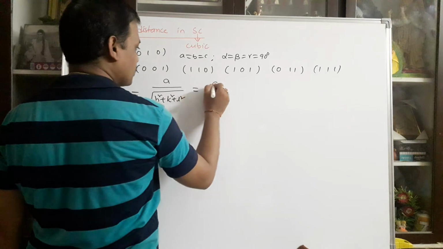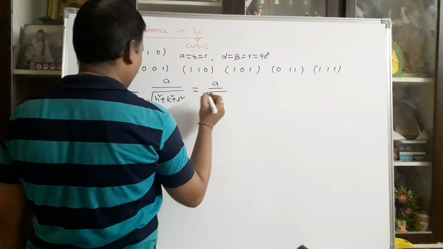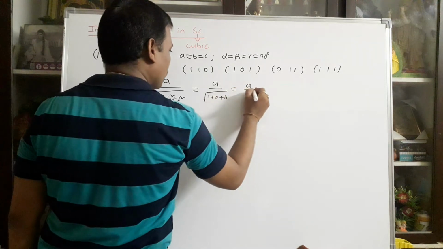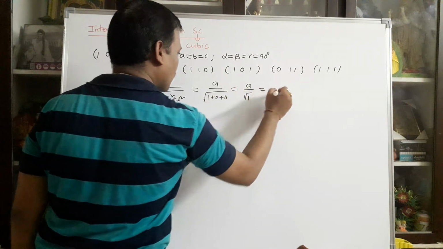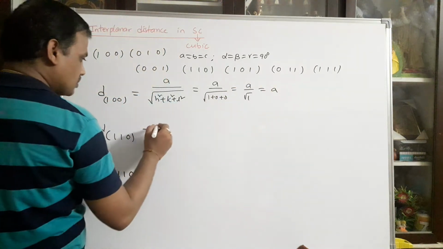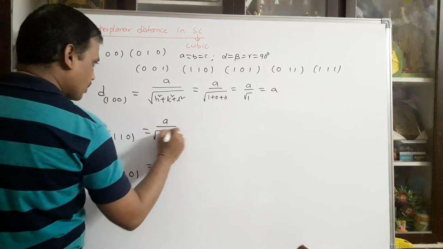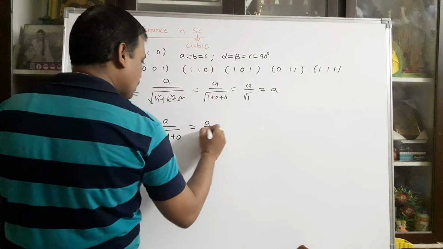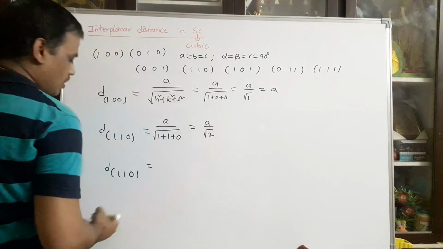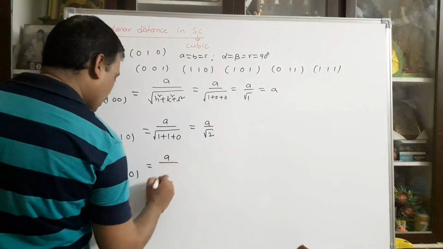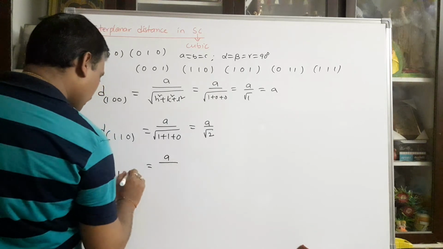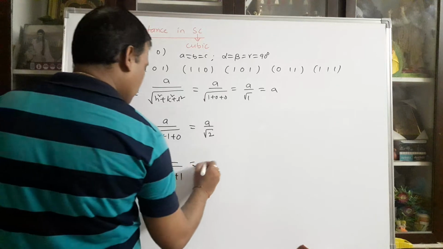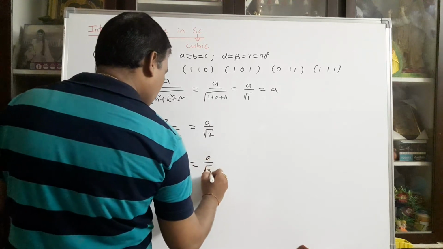Substituting in this equation, a by square root of 1 square plus 0 plus 0, a by root 1, nothing but a. After that, 1 1 0: a by square root of 1 square plus 1 square plus 0, nothing but a by root 2. After that, 1 1 1: a by square root of 1 plus 1 plus 1, nothing but a by root 3.